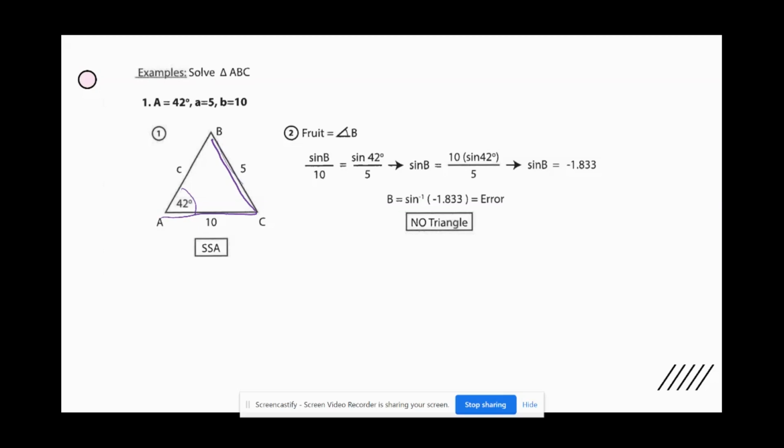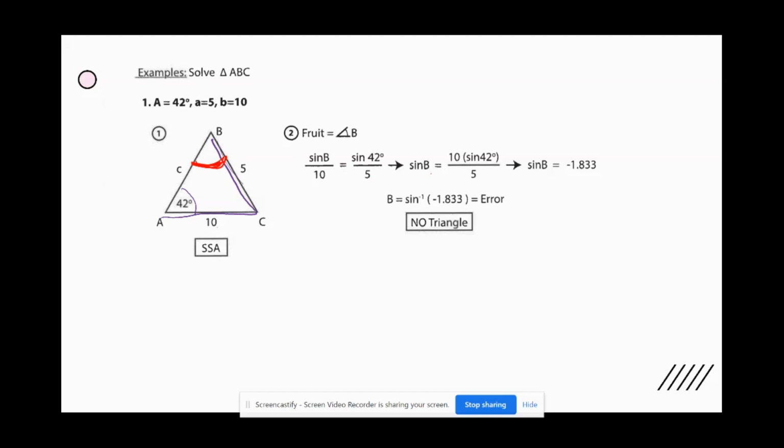So first, what does it say to find? It's finding the angle that's opposite the side. You're probably thinking, wait, 5 is the side, but we already have that angle. Remember, it says find the angle opposite that other side. So that's why we're going to find angle B. So let's set it up: sine B over 10 equals sine 42 over 5.